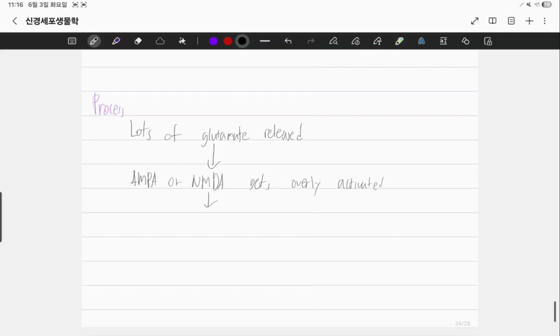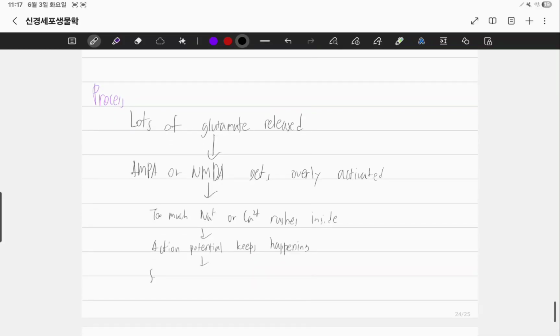Then, too much sodium or calcium ions flow inside the neuron. Then action potentials keep happening. Then the seizure spreads to the nearby neurons, leading to epilepsy.